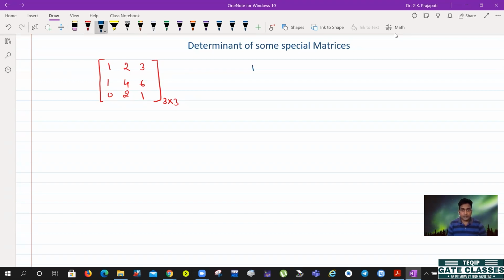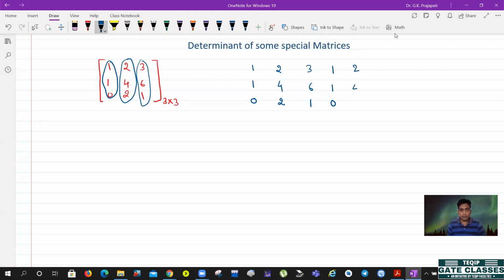each column like this: first column 1, 1, 0, second column 2, 4, 2, and third column 3, 6, 1, and we repeat the first column and second column again, that is 1, 1, 0, and the second column also 2, 4, and 2.